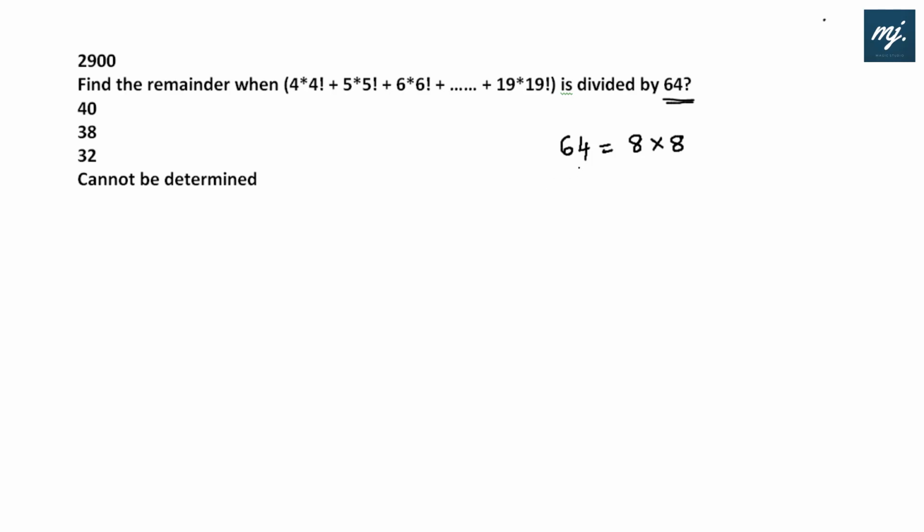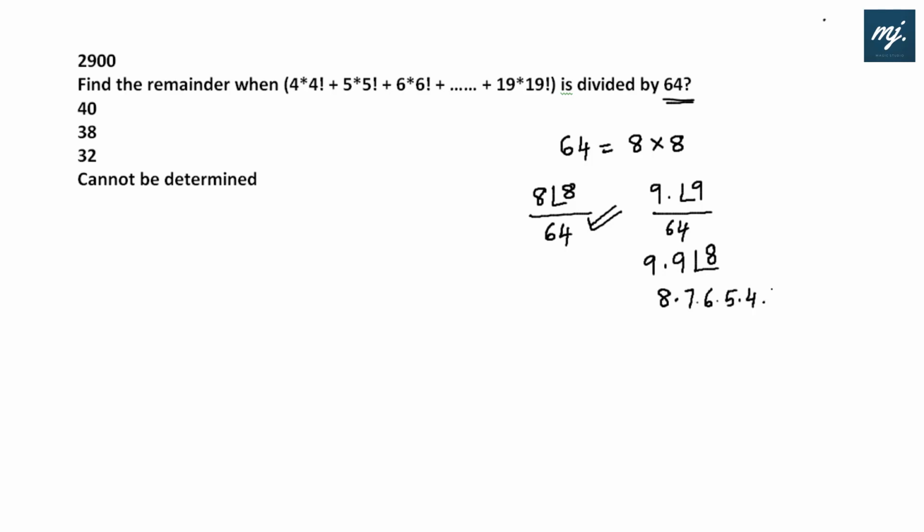That means this number can very easily divide 8 into factorial 8. 8 into factorial 8 is divisible by 64. Then 9 into factorial 9, is it divisible by 64? Here we will have 9 into factorial 8. Now factorial 8 is 8 into 7, 6, 5, 4, 3, 2, 1.